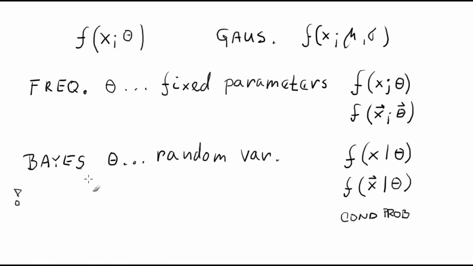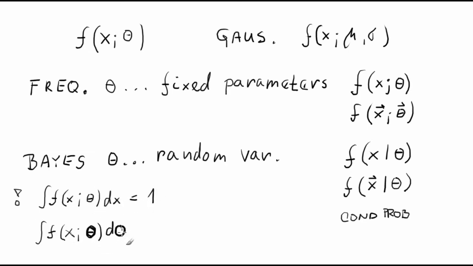Finally, let's stress that each probability density function must be normalized to unity when integrated over the random variables, but not over its parameters. So it is important to distinguish between random variables and parameters when writing down the symbol for the probability density function.